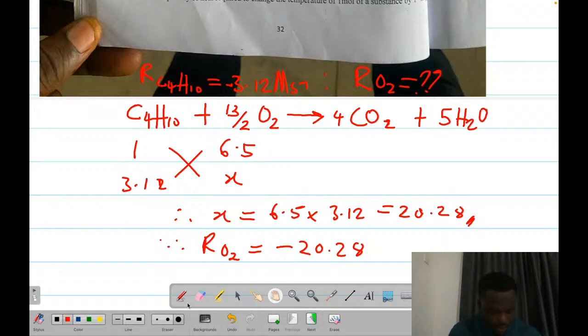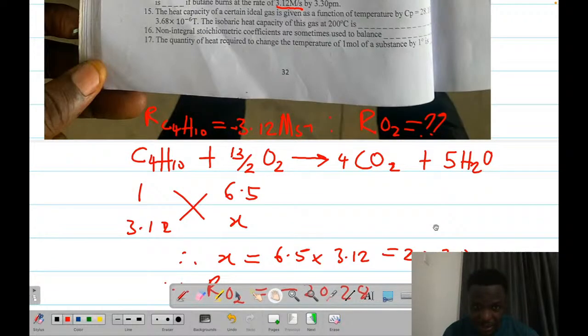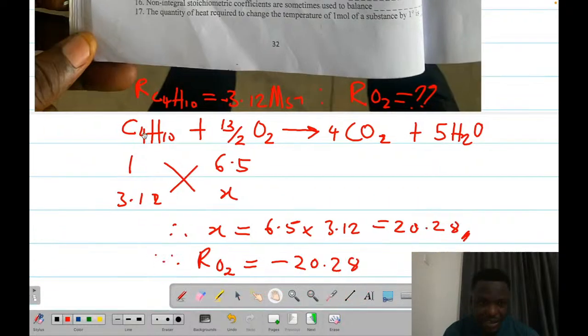Okay. So back to what I was saying. I said in case of exams, please use the shortcuts to solve this. Write the reaction C4H10 plus 13 over 2, which is 6.5.